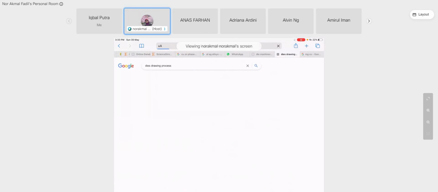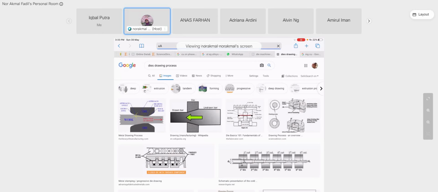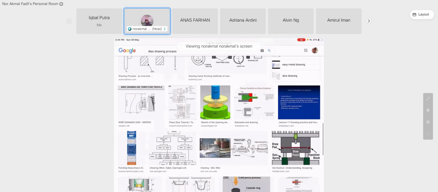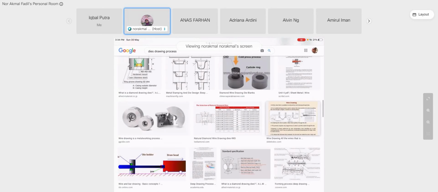Okay, now let's choose one example, the drawing process. For example, you want to draw a wire.